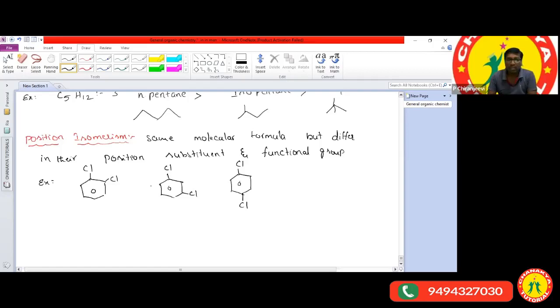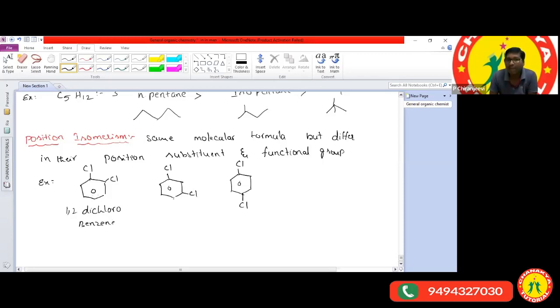While writing the IUPAC names, what is the name we wrote for the first one? 1,2-dichlorobenzene.